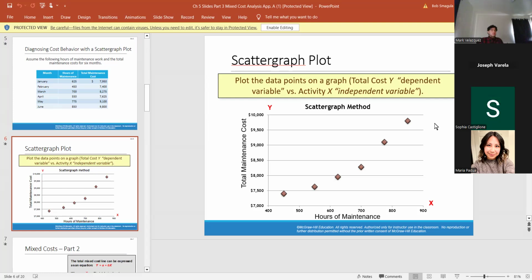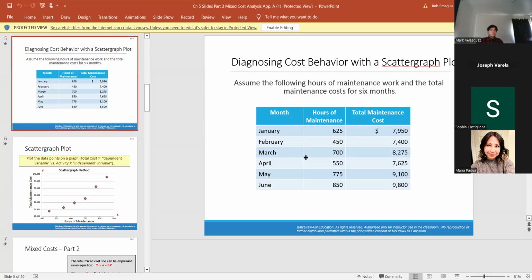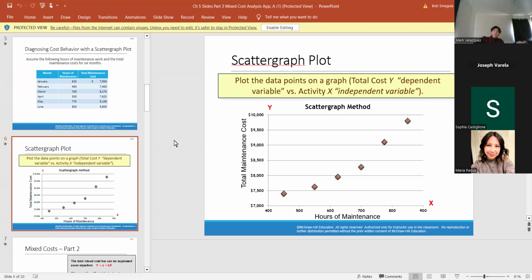I'm just going to show this to you. Again, if you guys really like to fool around with graphs, if you plot this information, dollars and hours of maintenance, and let's go back to that prior slide, the lowest one was 450, and it went to 850. Let's take a peek. 450, and then it went up, and then it was at 850.